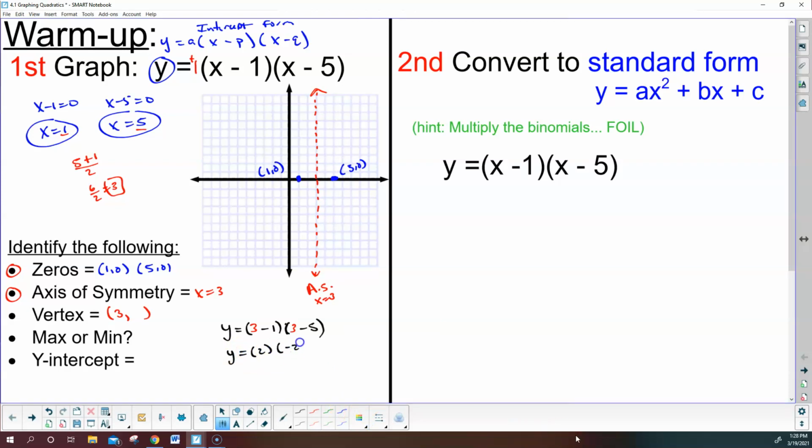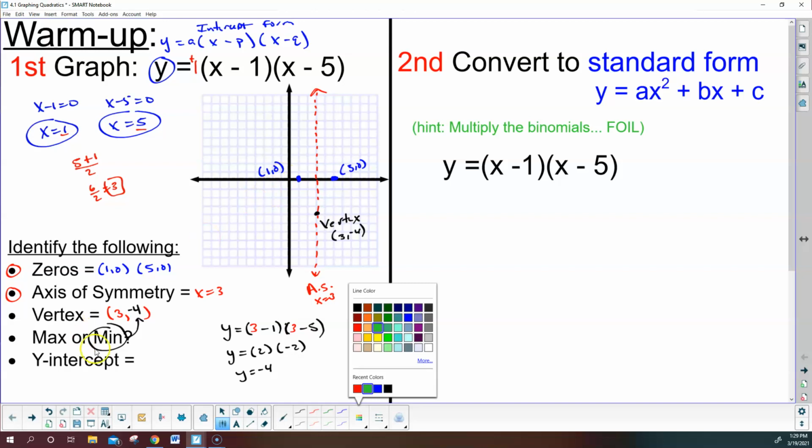I get 2 times -2, or -4. And there's the vertex. I'm going to go over 1, 2, 3, down 1, 2, 3, 4. And that's all I need. We know, because this is going to be opening upward, that there is a minimum, and that minimum value is at -4.